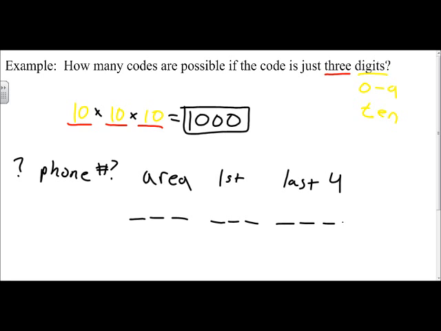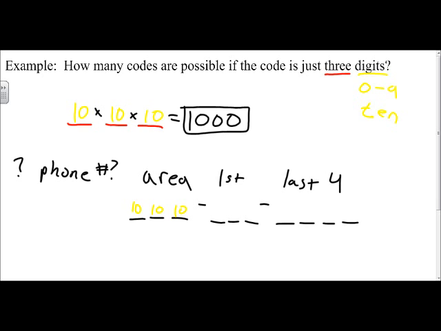So all phone numbers are normally written in a 10-digit format. It goes area, dash, first 3 digits, dash, last 4 digits. So again, because they are all digits, our area code could have 10 here, 10 here, and 10 here. The area code around here is normally 507. So that is one possible area code.